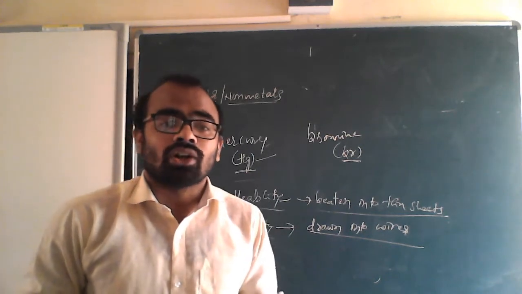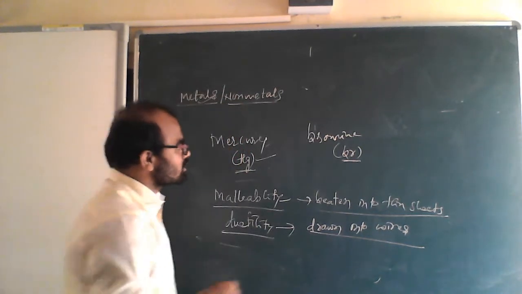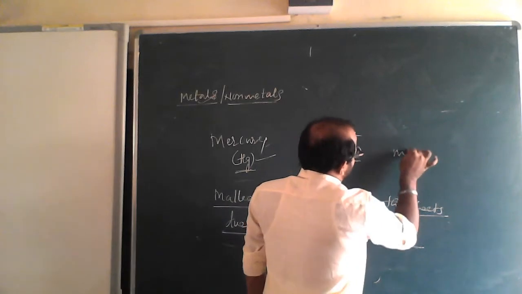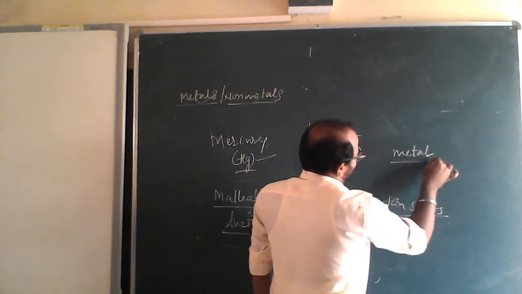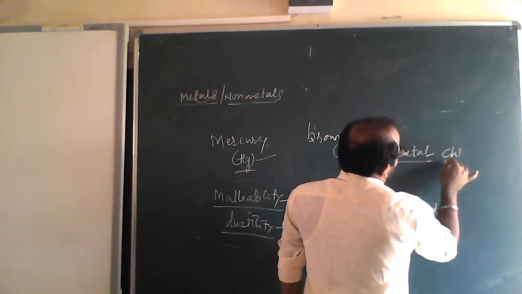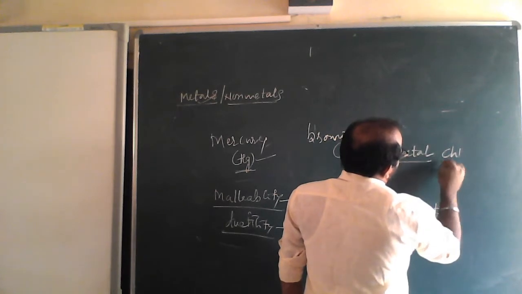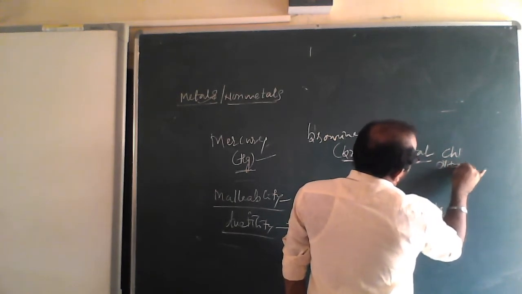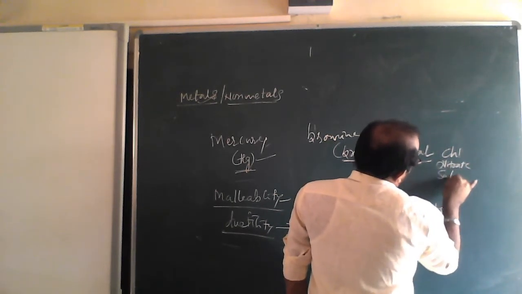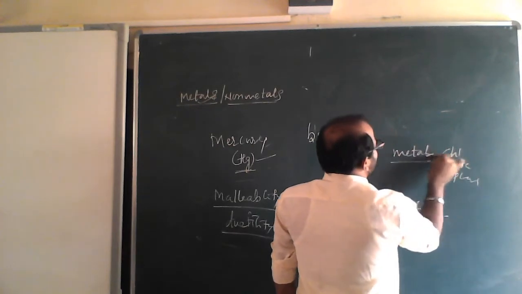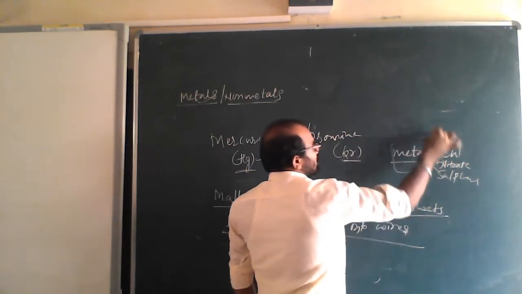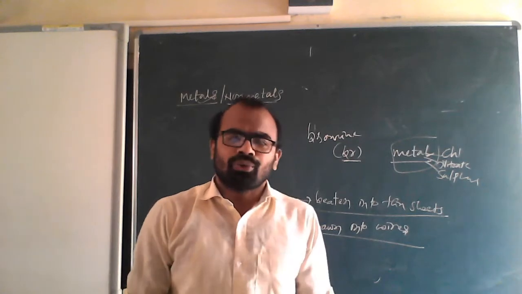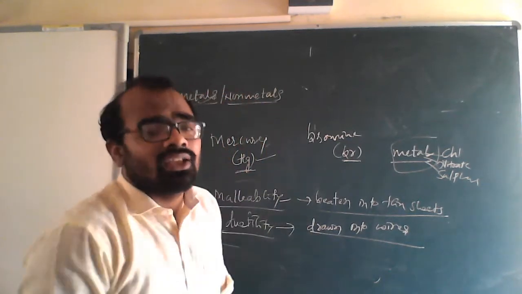And I have told you what salts are. Salts means there should be one metal along with chloride, mainly nitrate or sulfate. Metal should be with these three mainly. Even with bromine, iodine, we can sometimes say it is a salt.